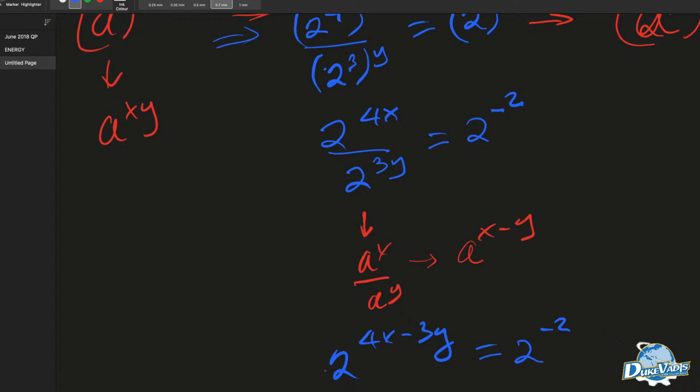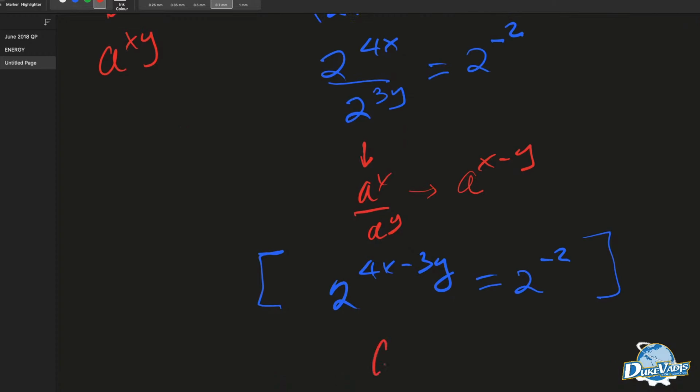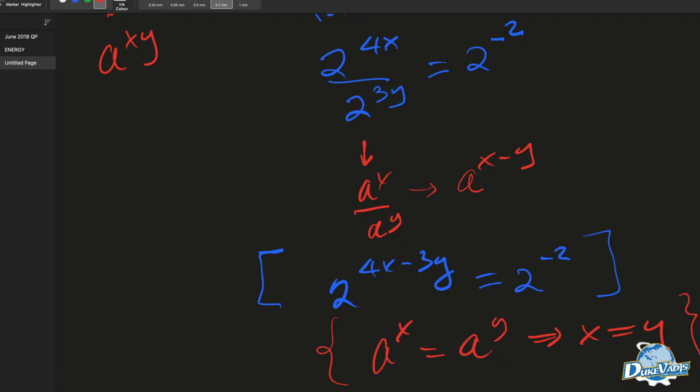Students must always remember that the properties of indices are there for them to use. The property that we are going to apply to solve this one is: a raised to the power x equals a raised to the power y implies x is equal to y. We are just applying the properties that we always know.